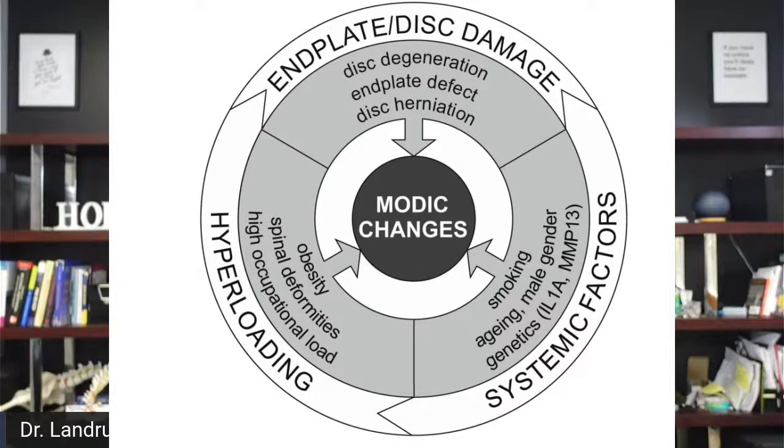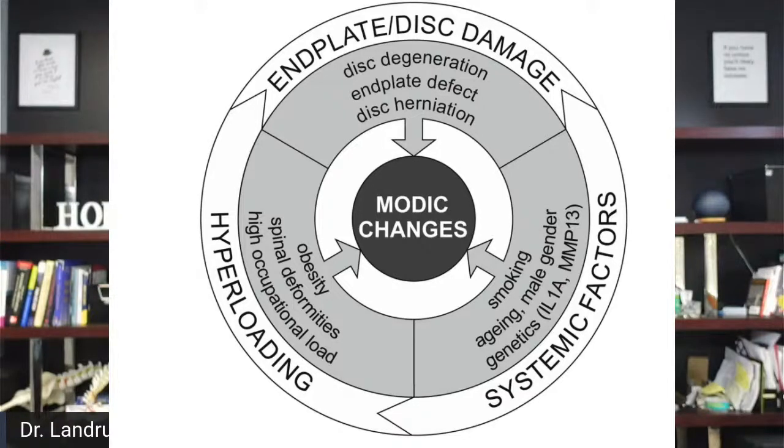In addition, there can be hyperloading, where you have an increase in mechanical forces. And that could come from a number of different reasons. It could come from a person having increased weight and obesity. It could be because the spine has a different shape or a deformity that distributes the bearing of weight in a different fashion.